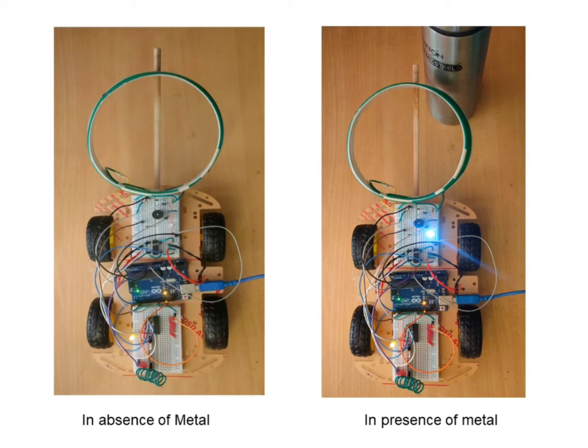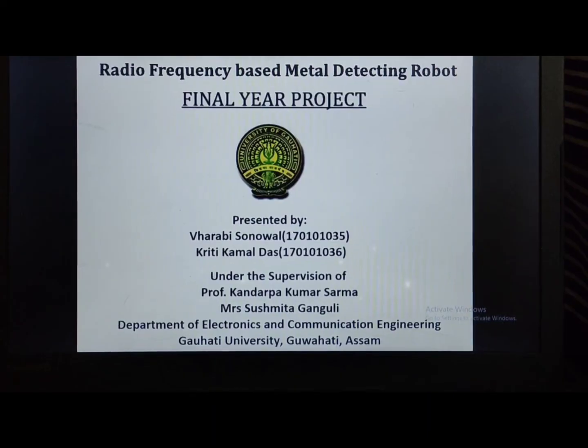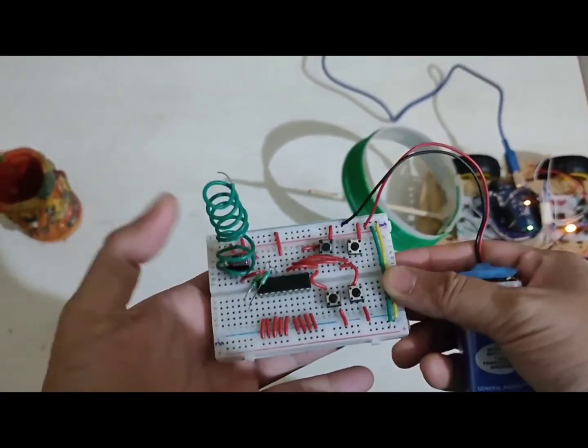In presence of metal, you can see that the LED is glowing, which means that there is metal present near the coil. But in absence of metal, you can see that the LED is not glowing, which means that there is no metal present near the coil.